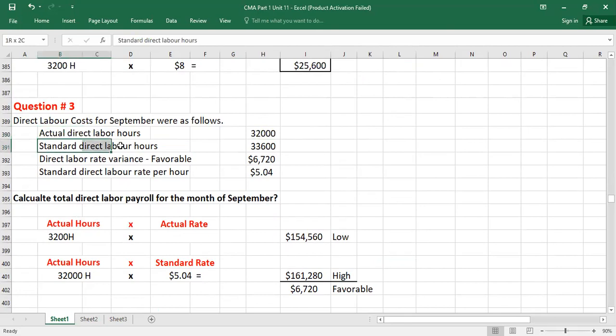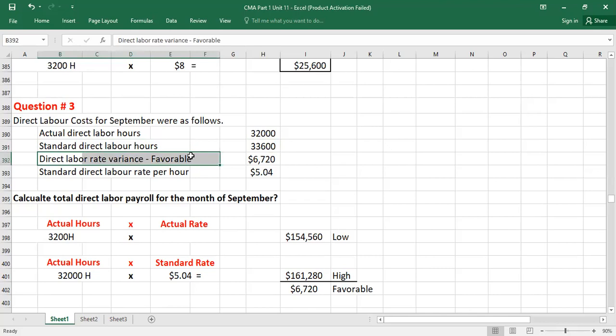We have a standard direct labor hours. You know, standard direct labor hours, how can you calculate? You will take actual output multiplied by standard hours per unit. But by the way, here directly it is given, which is 33,600 hours. Then we have a direct labor rate variance.